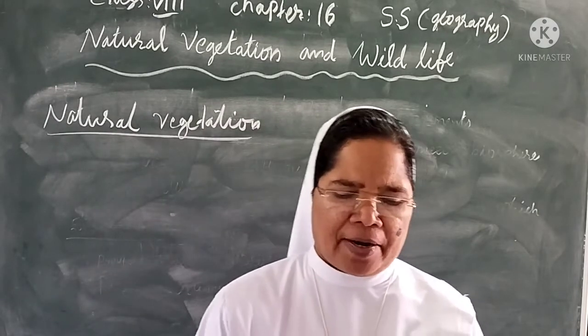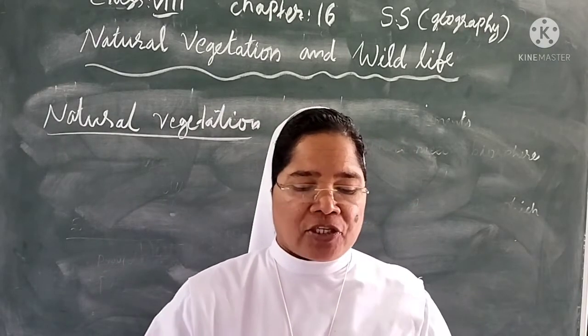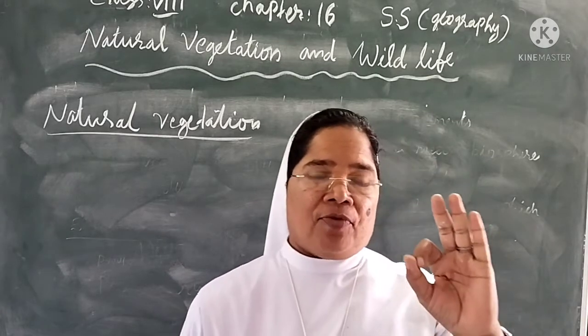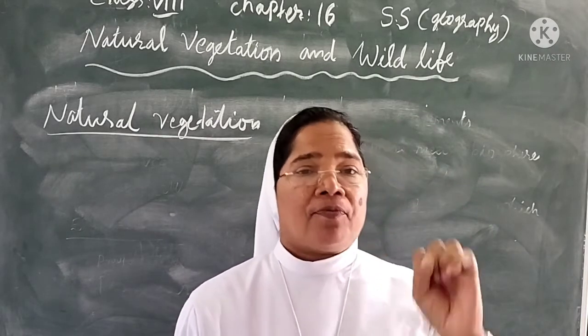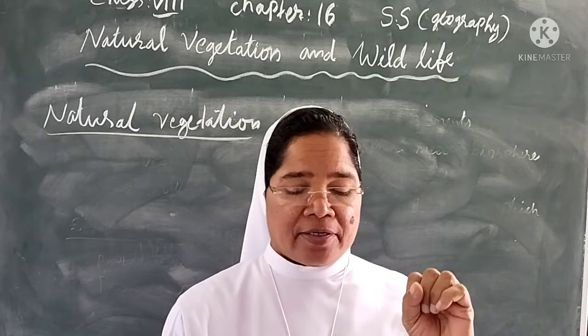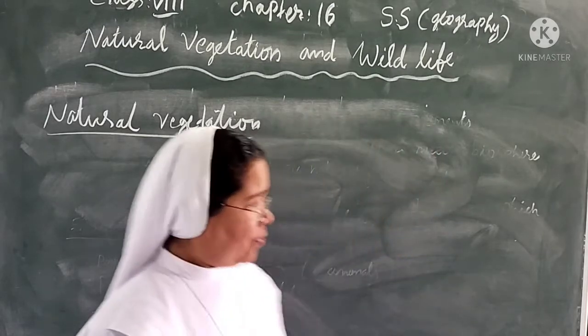Natural vegetation can be classified into three types: forest, grassland, and shrubs. First one, forest.